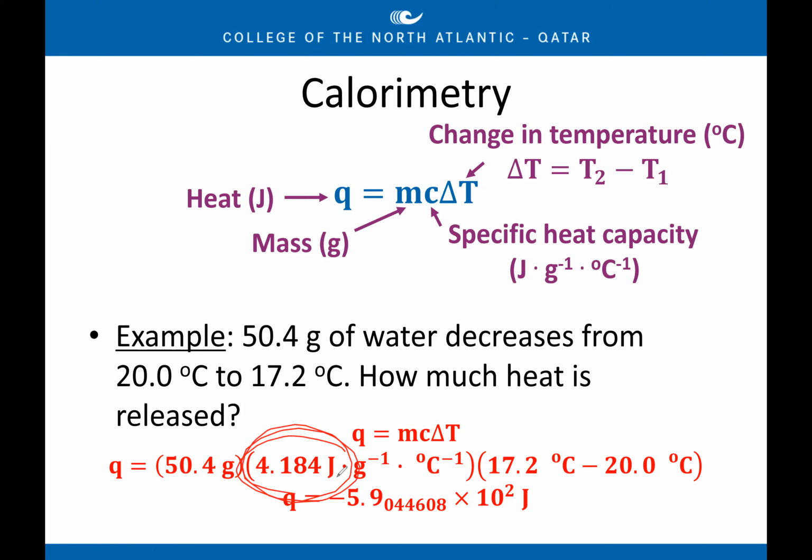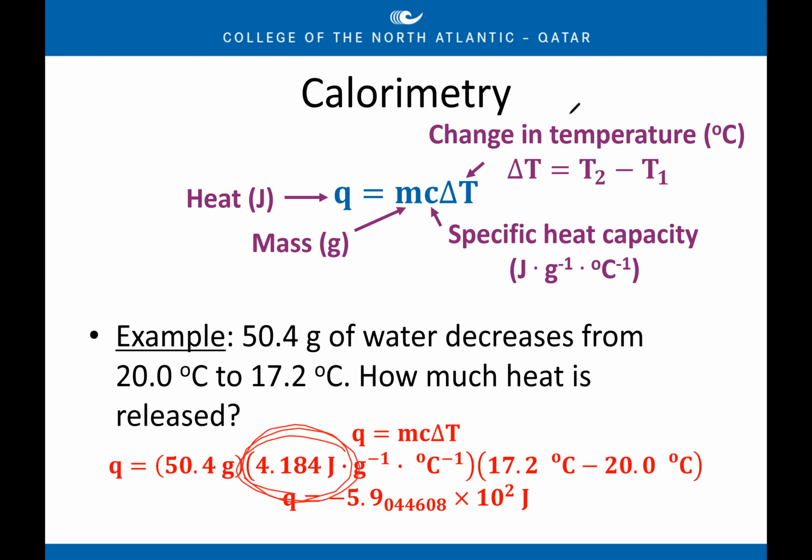You'll see a little different example at the end of this class, a very tricky practice problem. But typically, when we're dealing with solutions, C is the heat capacity of water. It's an assumption that we make because most chemical reactions are in aqueous solutions.